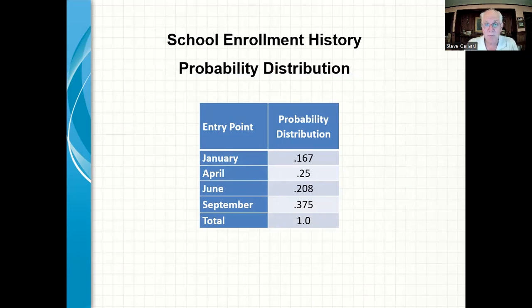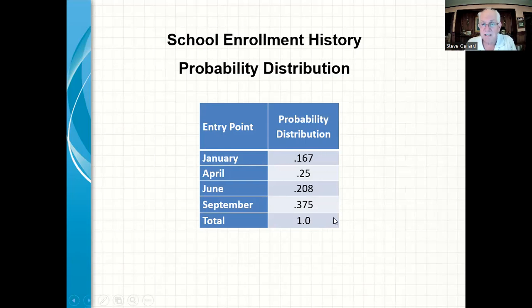My best guess would be September, because that's the most probable out of all the 4 times. I would note that January, April, June, and September are discrete periods, as opposed to continuous enrollment, where you can enroll on any given day of the week, for instance.